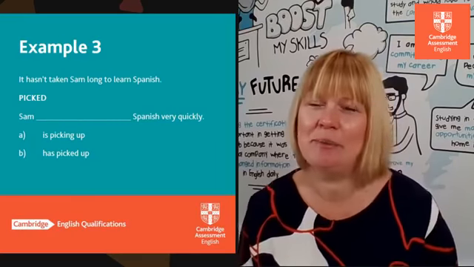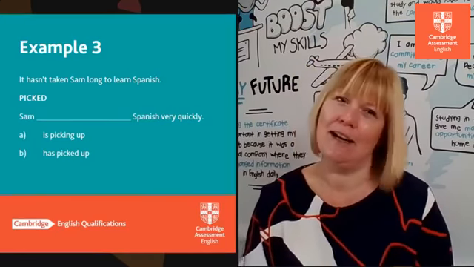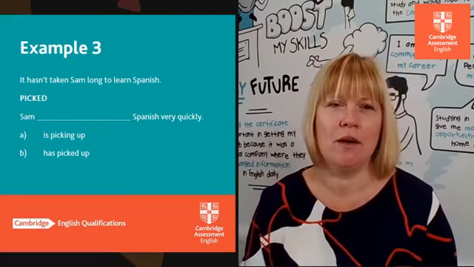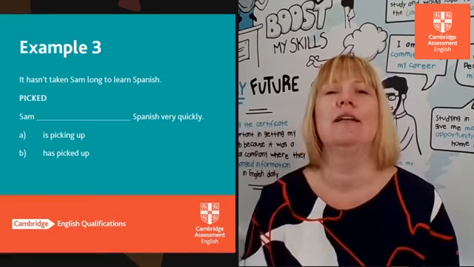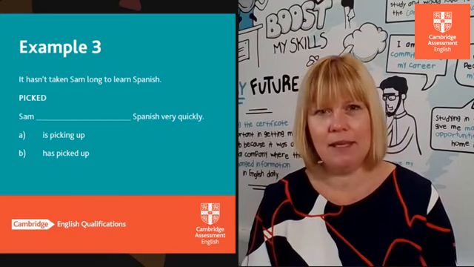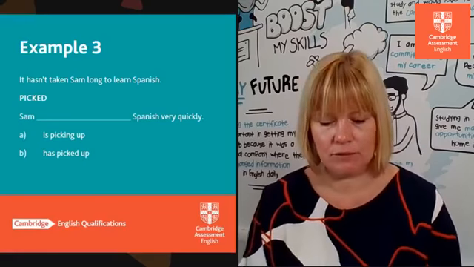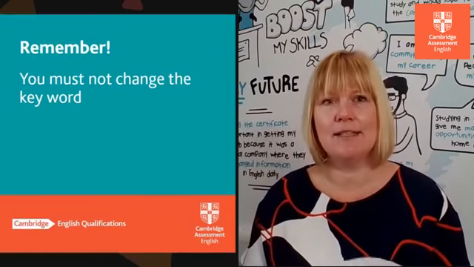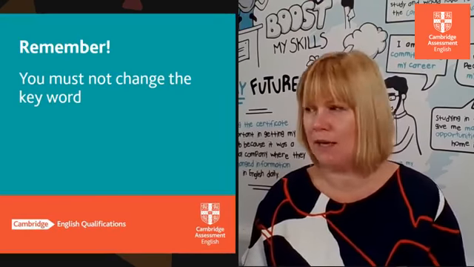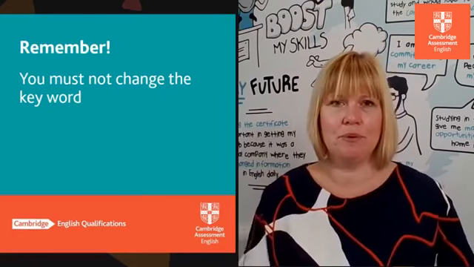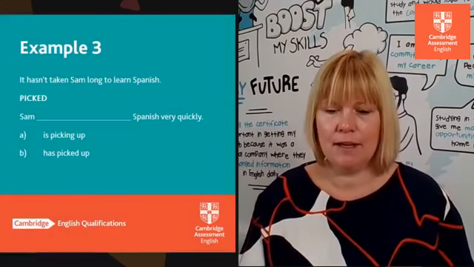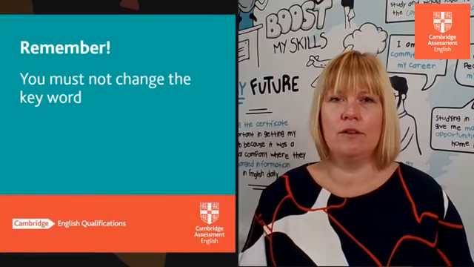Has picked up. Okay. All of you who picked B, very well done. B is the correct answer. Now, why is it the correct answer? You must not change the key word. Let's have a look back at the example. We seem to be missing a slide.